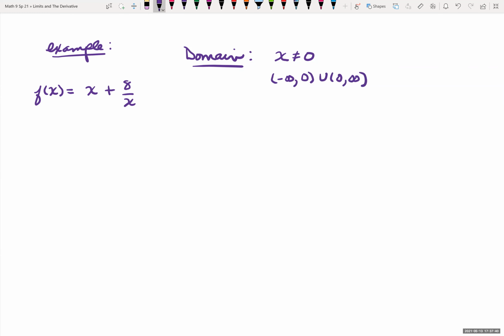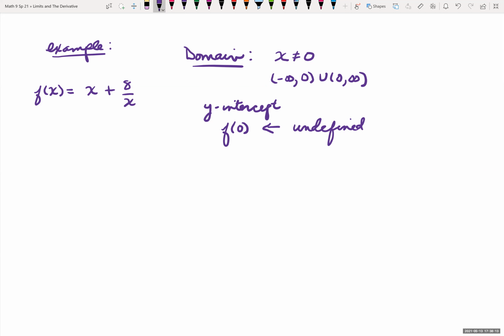That would be my domain of this function. If I was looking for my y-intercept, might as well, just because this is right here. Well, that doesn't work, does it? Because that would have given me, I just did this up here, f of 0, undefined.